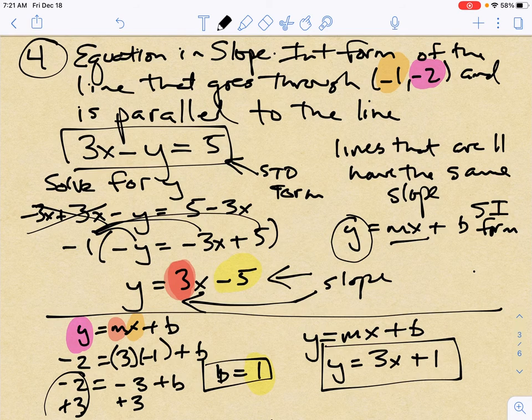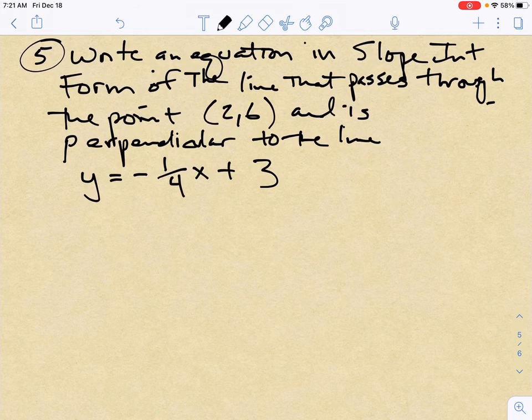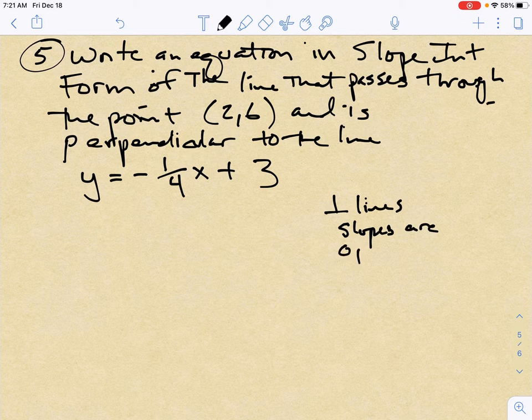So let's do this last one now where we're talking about perpendicular lines. So the thing with perpendicular lines is we're going to do almost the same exact process we did on the previous problem, but with perpendicular lines, all right, the big difference is your slopes, they're not the same. They are opposite reciprocals.